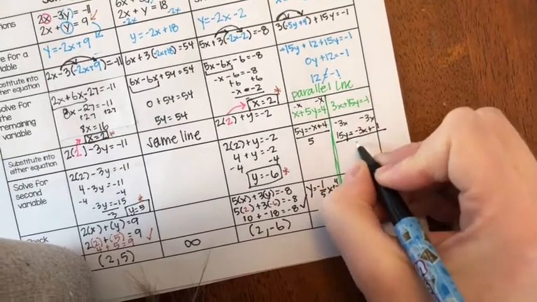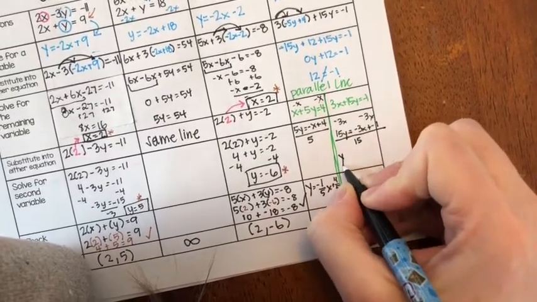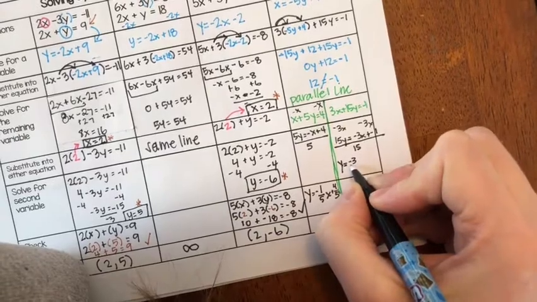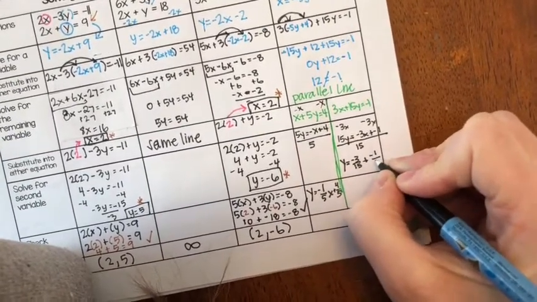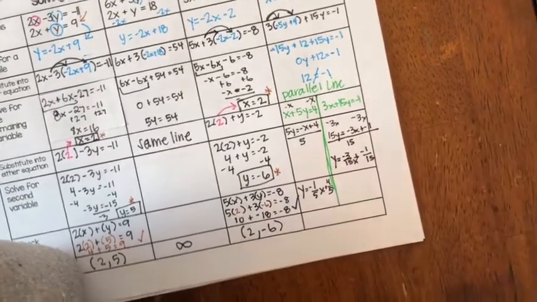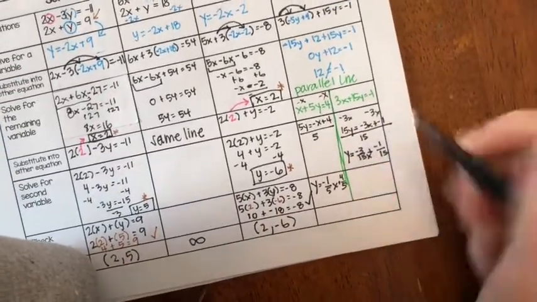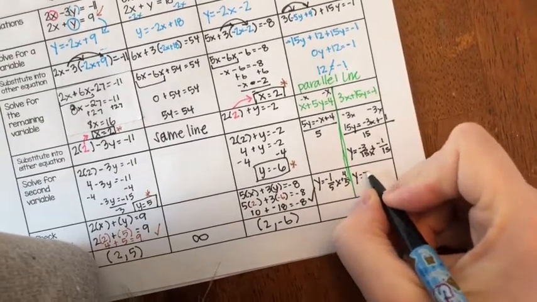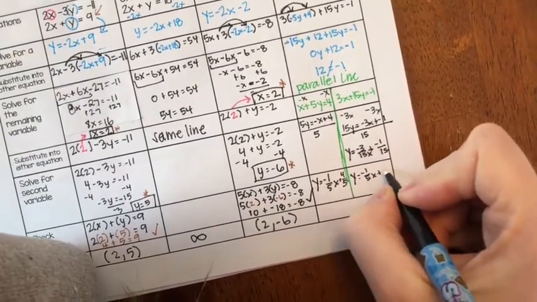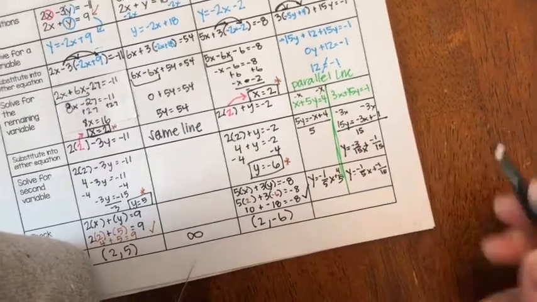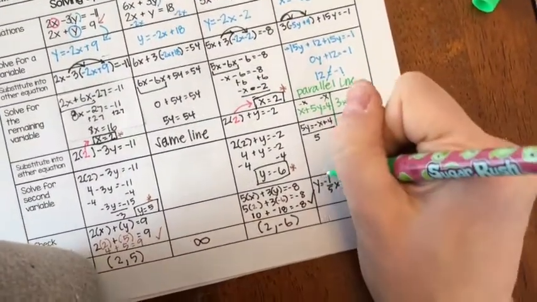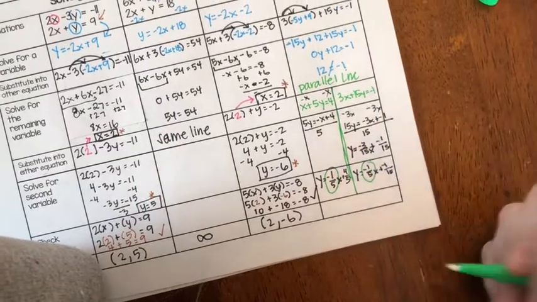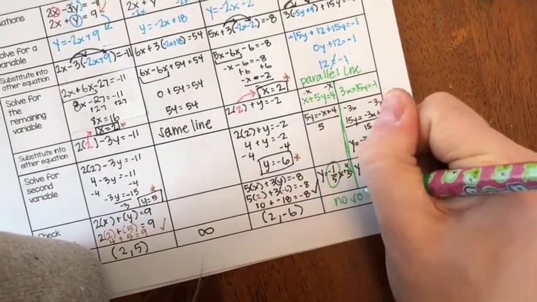I'm going to divide everything by 15. So I end up with y equals -3 over 15 x plus -1 over 15. Oops, sorry, I forgot my x. Now I can simplify this, and what you might notice right away is that we end up with the same slope. And when you have those same slopes, we know from our last unit that same slopes equals parallel, so there is no solution.